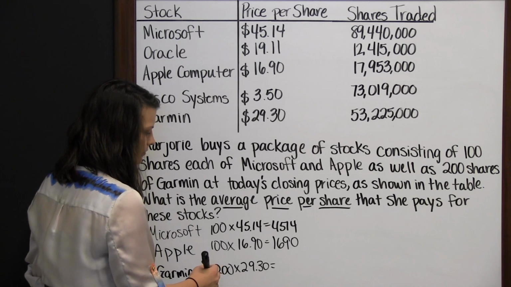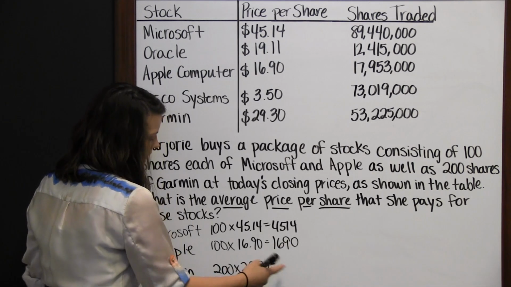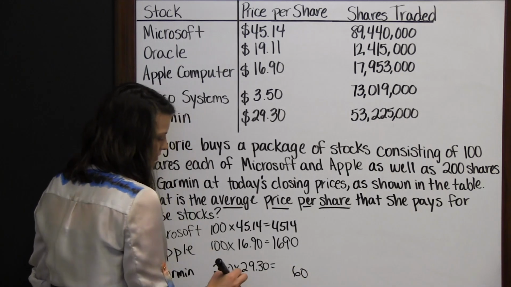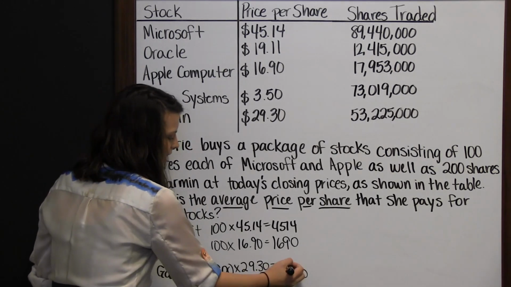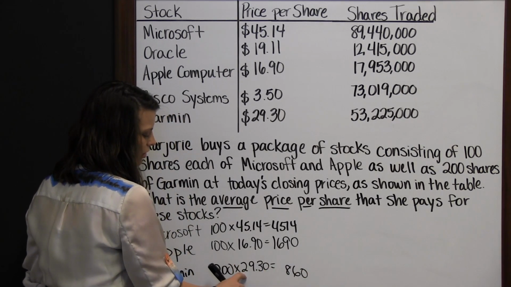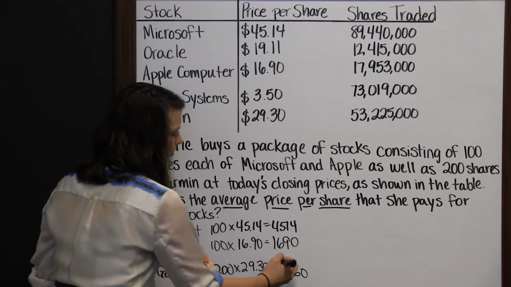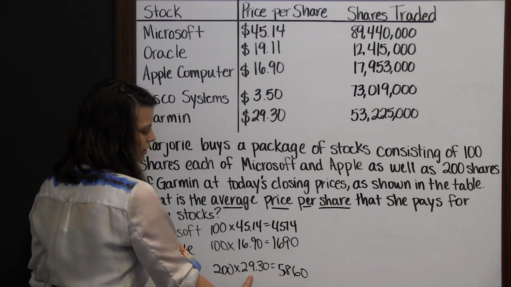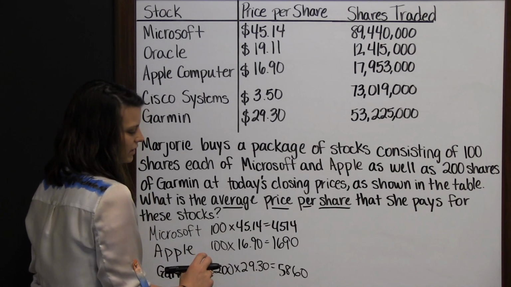So if you double 0, you get 0. If you double 3, you get 6. If you double 9, you get 18, and then we carry the 1 over here, and 2 times 2 is 4 plus 1 is 5. So all I did was multiply 200 times $29.30.